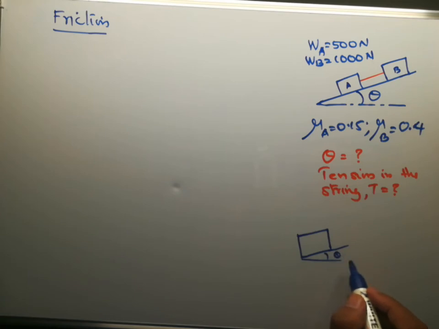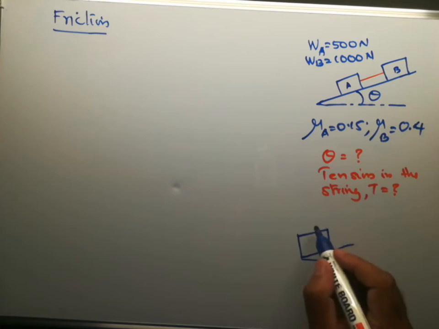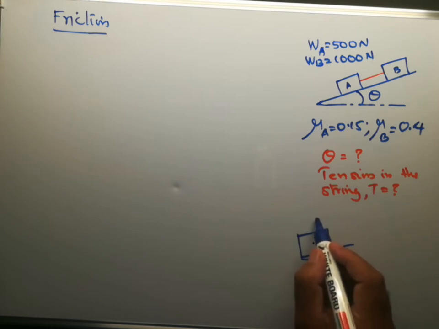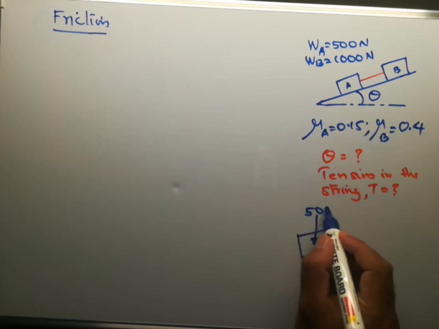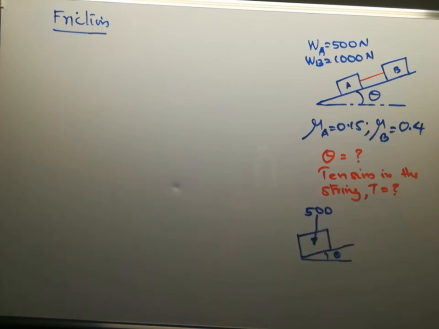This is theta, and the weight will be acting through the center of gravity in the vertically downward direction, like this, that is 500 Newton. The reaction will be perpendicular to the plane. This will be RA.